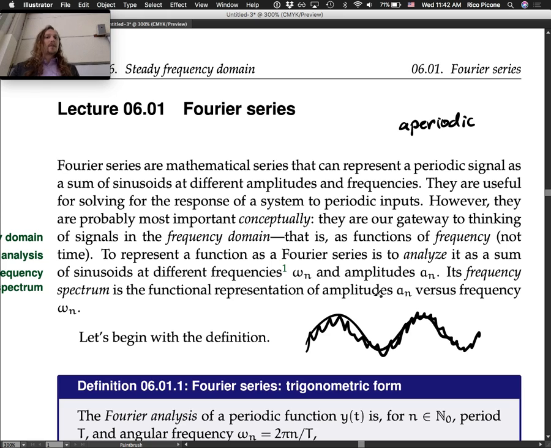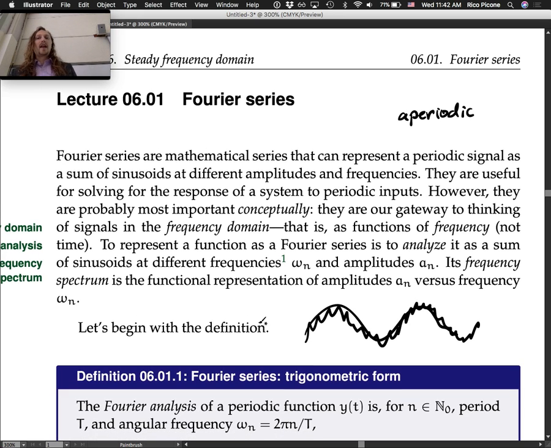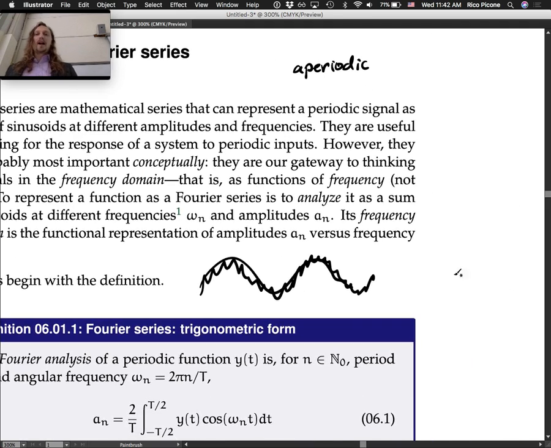Its frequency spectrum is the functional representation of amplitudes A n versus frequency omega n. So you could think of it like this: at omega 7, we called it, it's got a big A n. If you're thinking of mapping it out in omega, we've got omega 1, omega blah, blah, blah, but let's say we got up to omega 4. I'm skipping 3 here because I'm trying to get to omega 7.